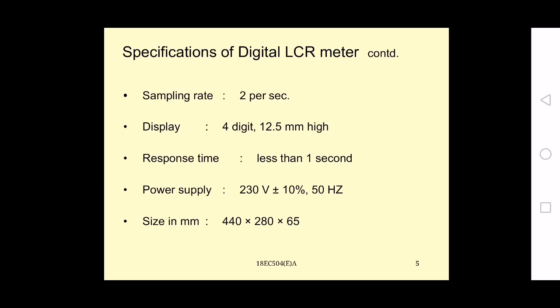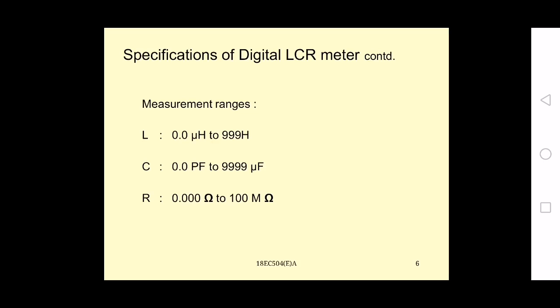Size in millimeters is 440 by 280 by 65. The inductance measurement range is from 0.0 microhenries to 999 henries, whereas capacitance measurement starts from 0.0 picofarads to 9999 microfarads, and the measurement of resistance is from 0.000 ohms to 100 mega ohms.